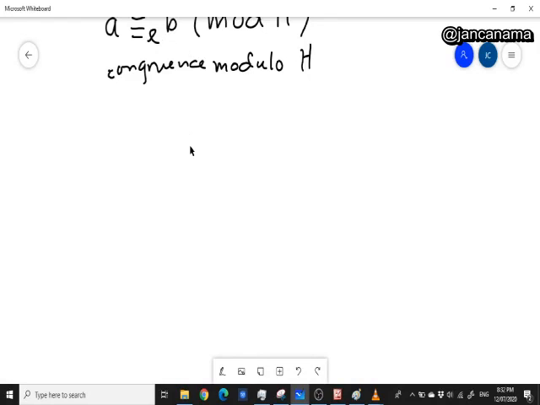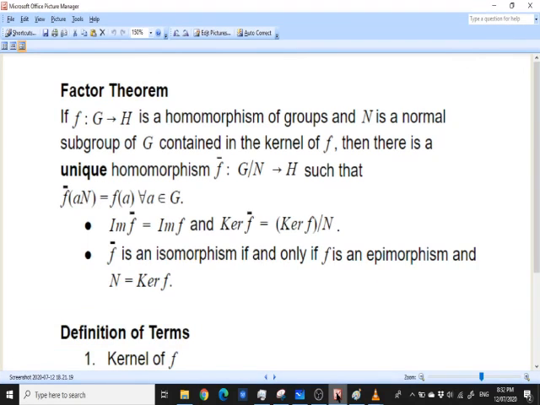So now we are ready to prove the factor theorem. So what does the factor theorem say?